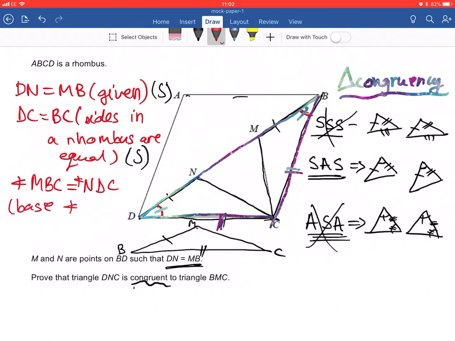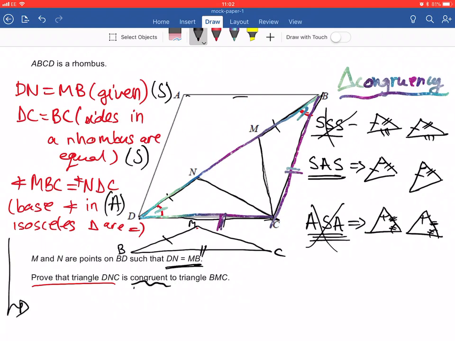I'm being lazy, but you have to write out the whole thing, yeah? Okay, so the last important bit in proof, you have to say this is an angle.